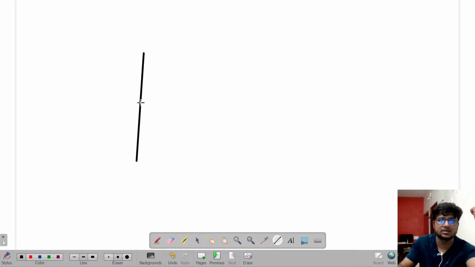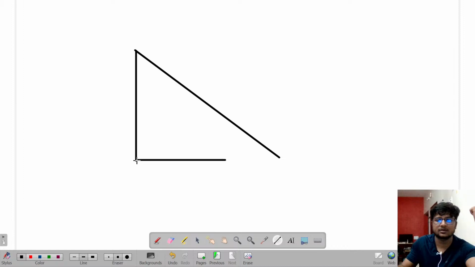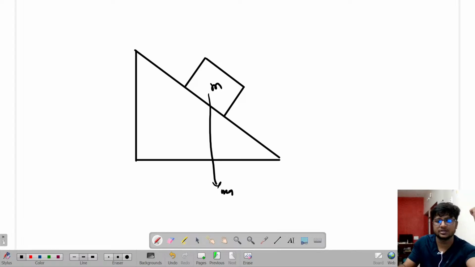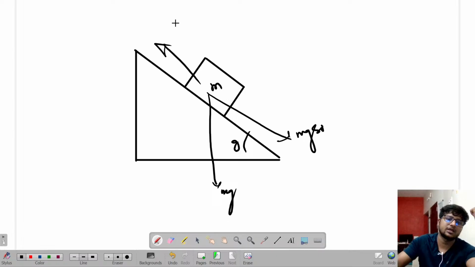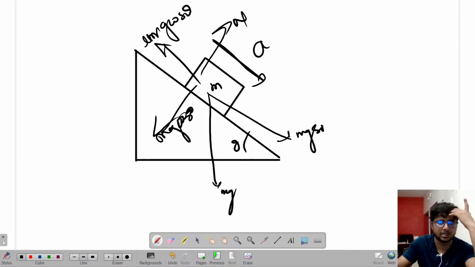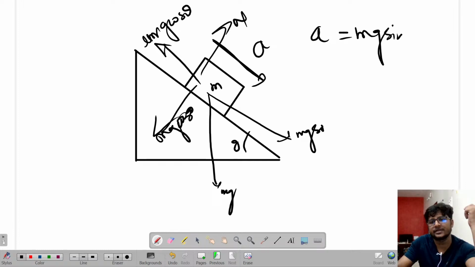If I place a block of mass m on an inclined plane, this will be mg, this is theta, this will be mg sin theta, and if it is accelerating, the friction will be mu mg cos theta, correct? Because normal is equal to mg cos theta. So what will be its acceleration? Pulling force mg sin theta minus mu mg cos theta. Say me something, yes or no?